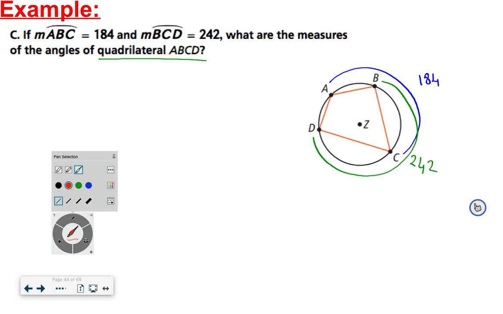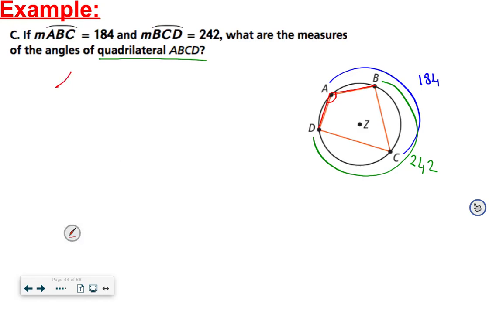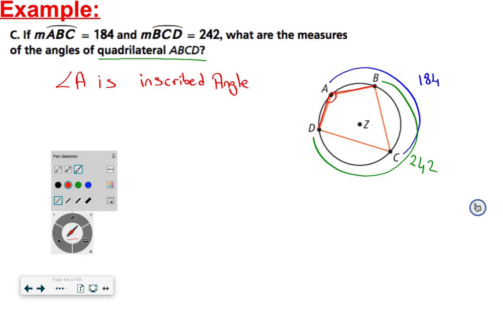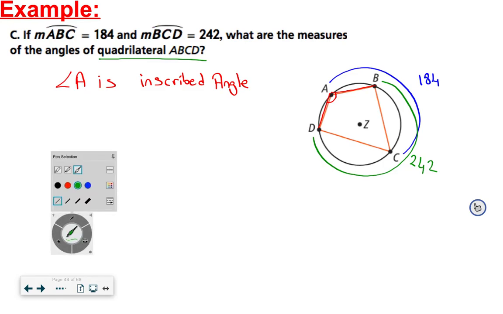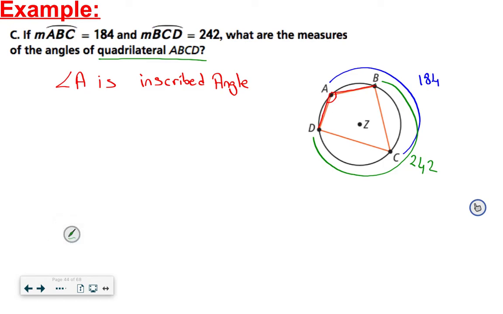First of all, can you please look at the angle A? This angle A is called an inscribed angle. And this inscribed angle is going to be half of the intercepted arc.